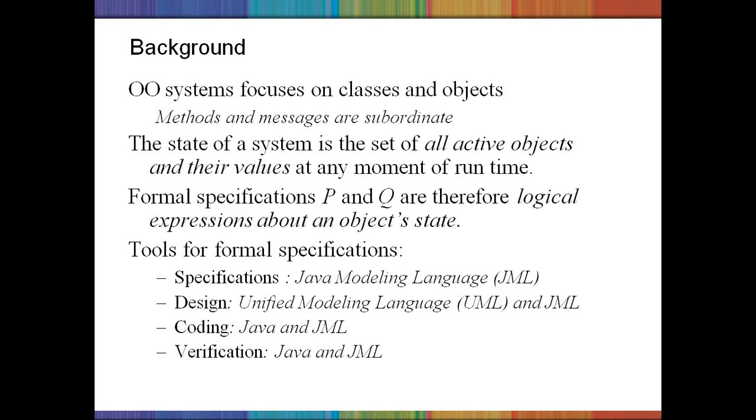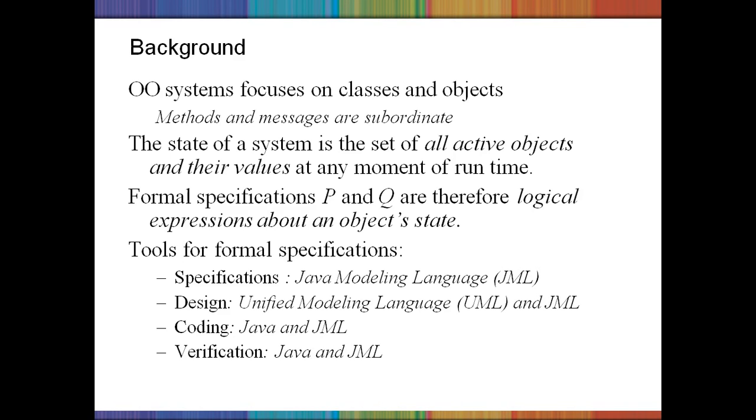In the formal specification, P is the initial condition and Q is the final condition, and they are therefore logical expressions about the object's state, such as whether an object is about to be created, accessed, or destroyed. The tool for the formal specification of object-oriented languages is the Java Modeling Language, JML. Design will be done using the Unified Modeling Language and JML, and coding will be done using Java programming and JML.